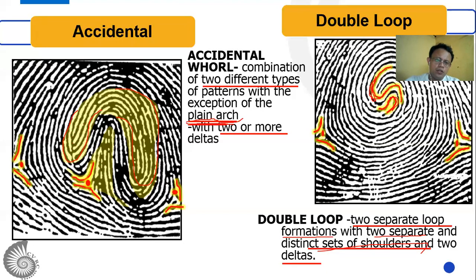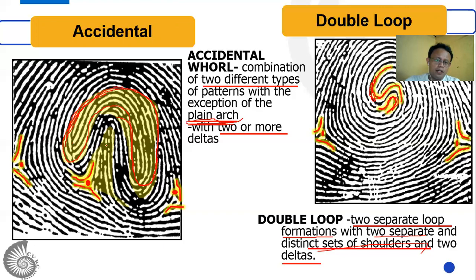However, if you notice, the ends of these ridges are connected to each other, therefore it cannot be classified as double loop. And if this is not classified as double loop, it is only classified as plain whorl according to the rule.